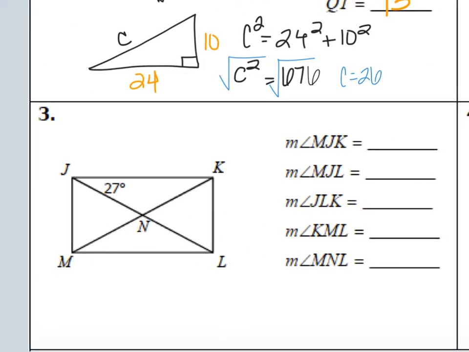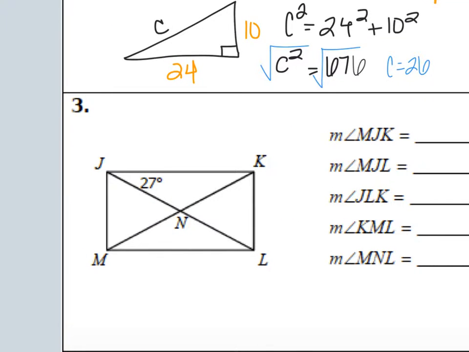Okay, let's look at number 3. One of the things that I know about number 3 is that this angle right here in red is 27, which means that this angle down here is also 27.